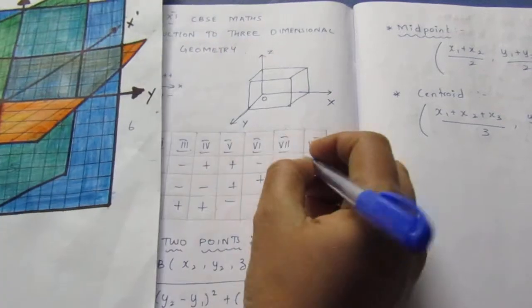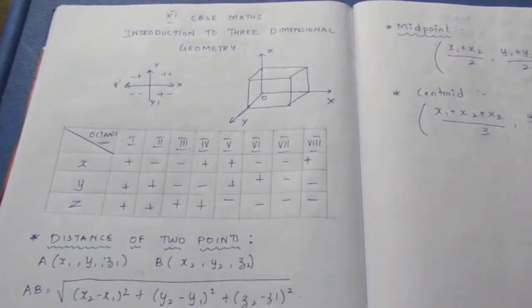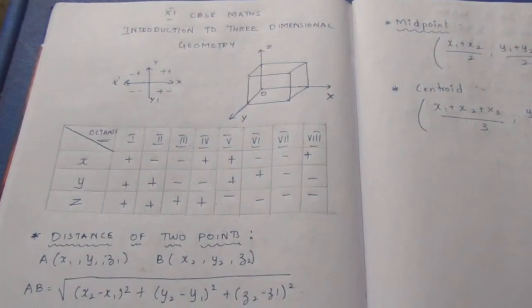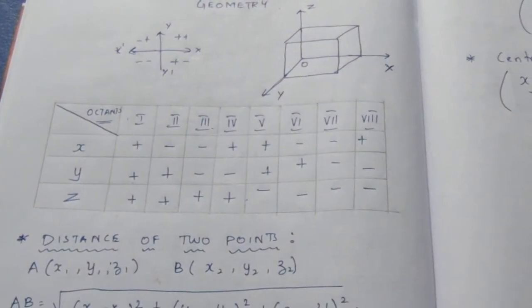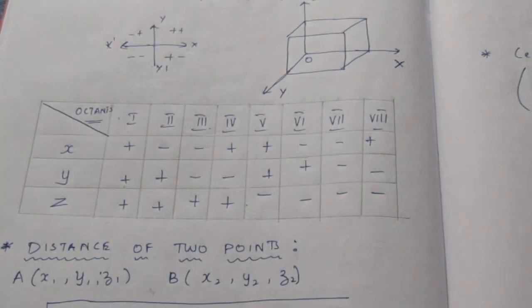So plus, minus, minus. So we have filled the octant signs. It's very easy if you remember the 3D figure with the x-axis, y-axis and z-axis. No need to mug this up. Just remember the diagram so that you can easily fix the octant signs.